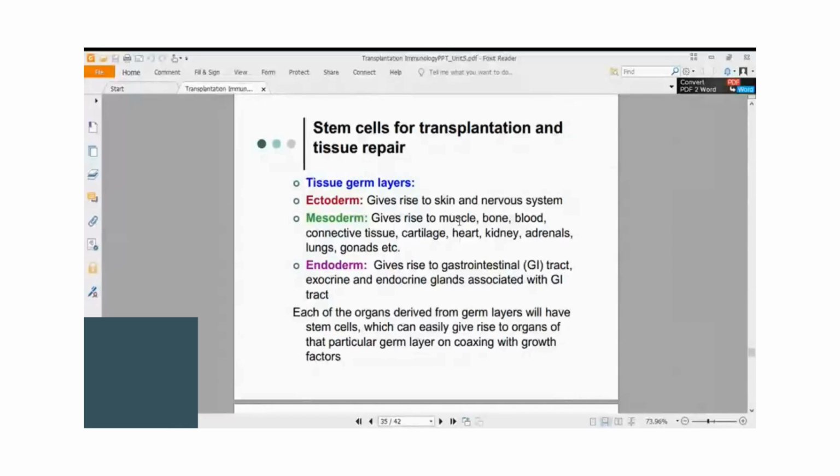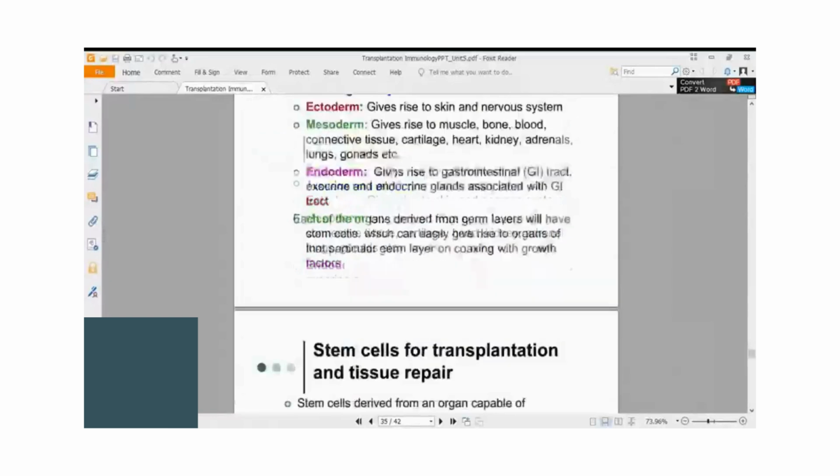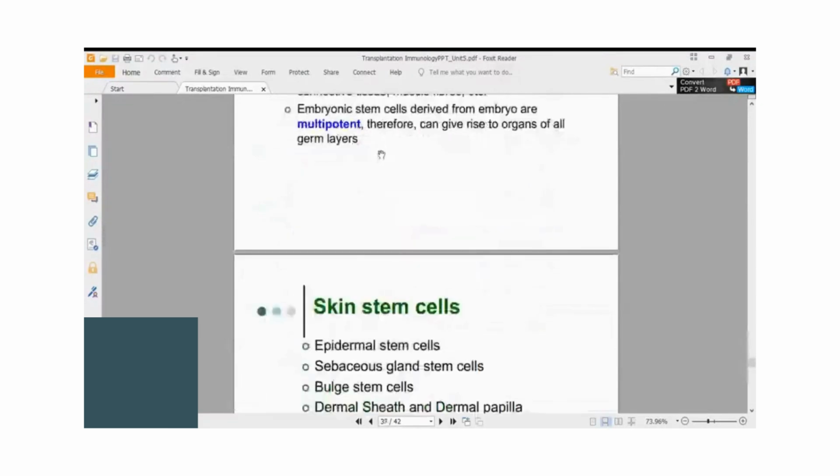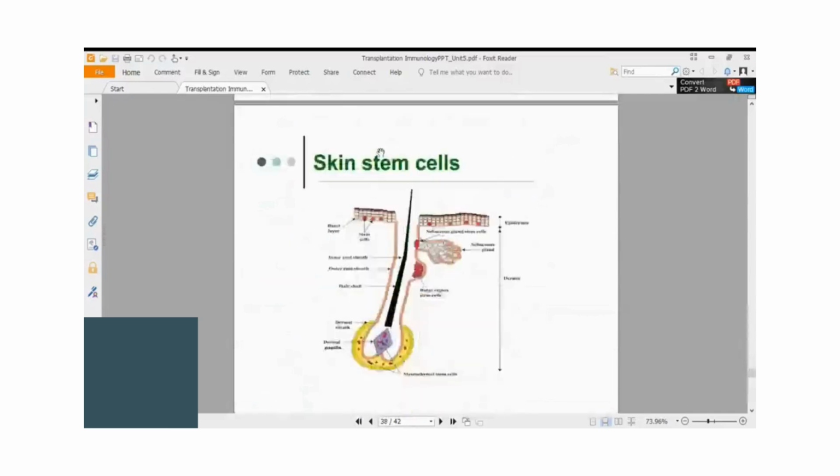Pluripotency is formation of the organs of the same germline origin by using the stem cells of a particular organ of the germline to form other organs of the same germline. That is pluripotency. But when an organ of another germline develops by coaxing, then it is called multipotency. That's the only difference. And now let us move on to one important adult organ, that is our skin.